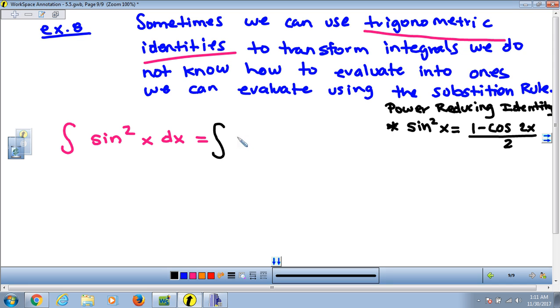This is just a replacement. This is not a formula for an antiderivative. I'm not saying this is the antiderivative of sine squared x. There's no such formula for doing the antiderivative or the integration of that directly. That's why I'm trying to find a way to rewrite it so that then I can do the integration of that.